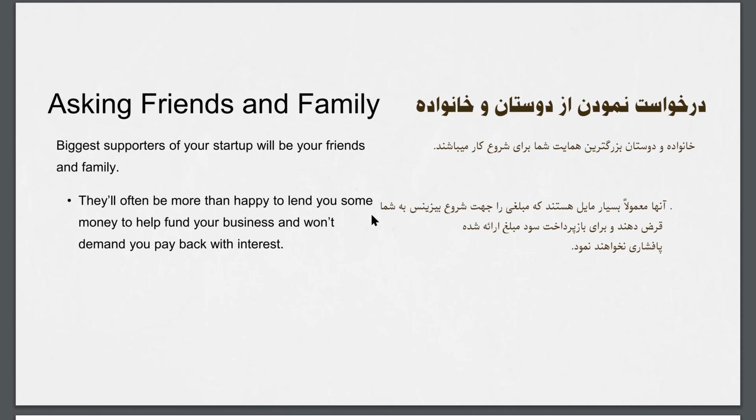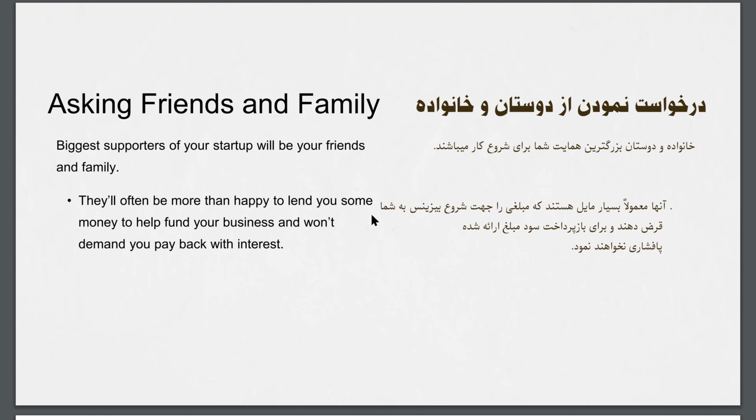Another way you can do it is by asking friends and family. Often your family and friends are going to be your biggest supporters, so they'll be more than happy to lend you some money and help fund your business.